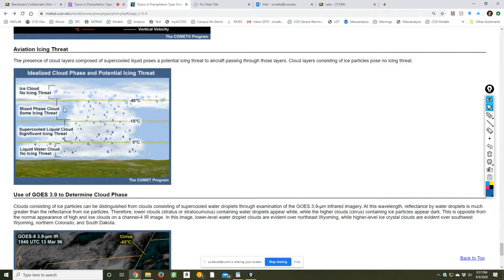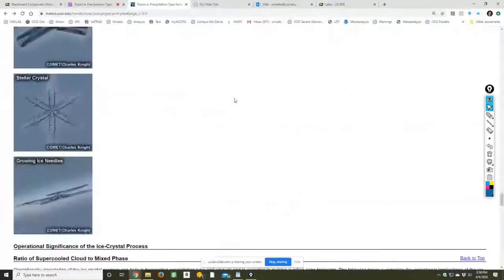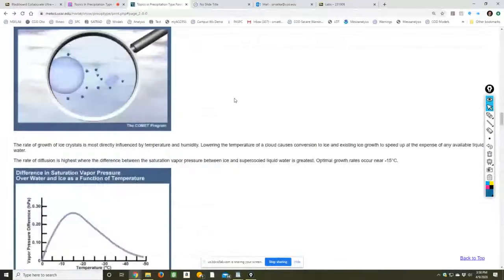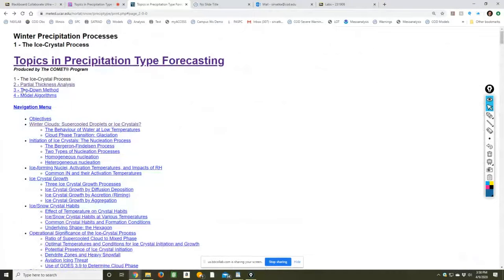Once you're high enough in the atmosphere, below -40 in terms of temperature, it's all ice, and then there's no threat. And it just talks a little bit about how satellites can show you that kind of stuff. So that's your basic concept here in this first one, the ice crystal process method.